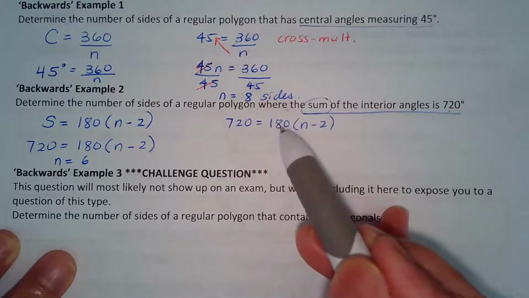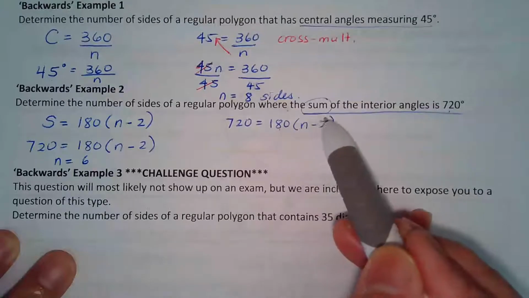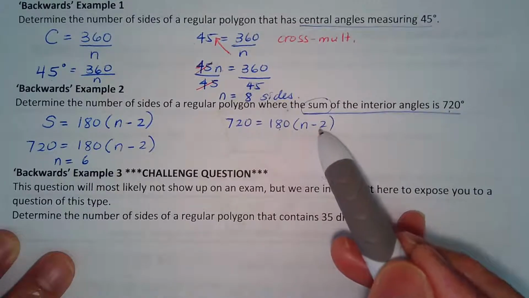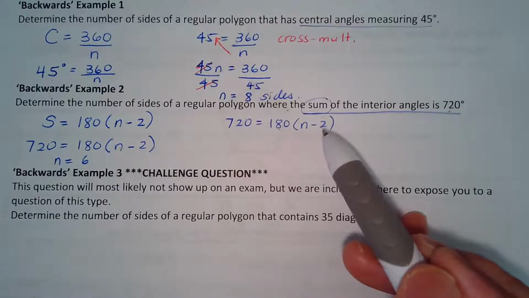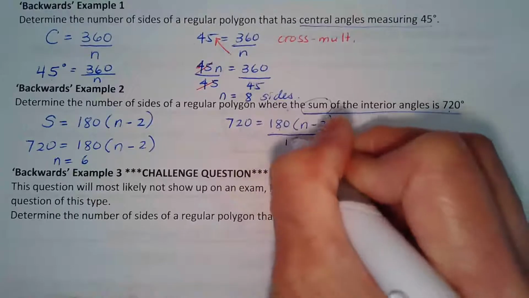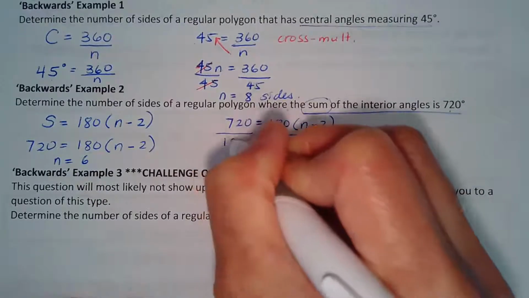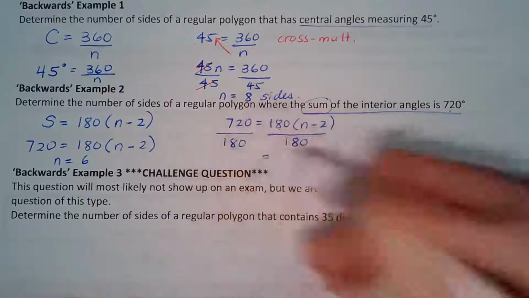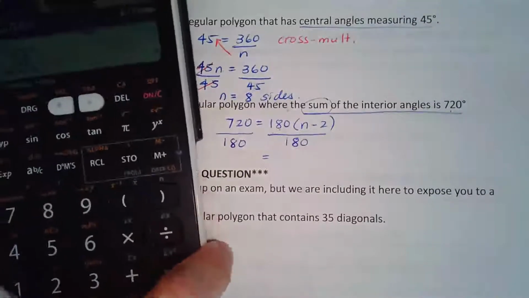But look at this: 180 is being multiplied by all of these. So we can do the opposite of multiplying, which is dividing. To cancel that 180, I'm going to divide by 180 on this side and divide by 180 on this side. So that becomes 720. Oops, you can't see that.